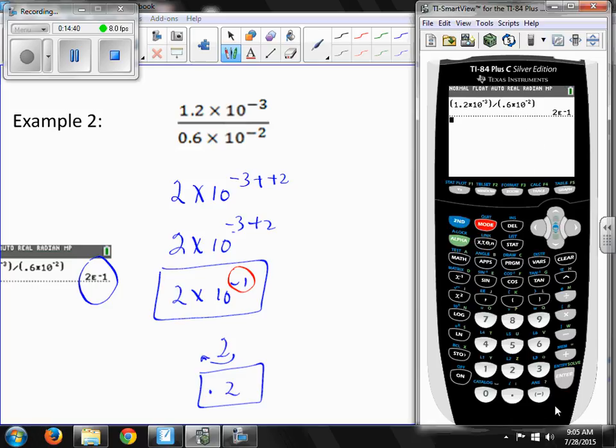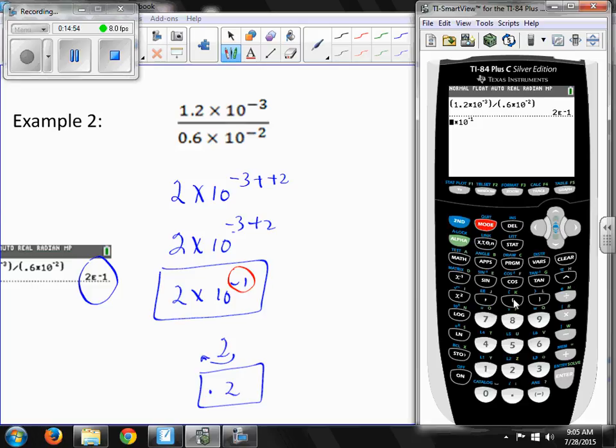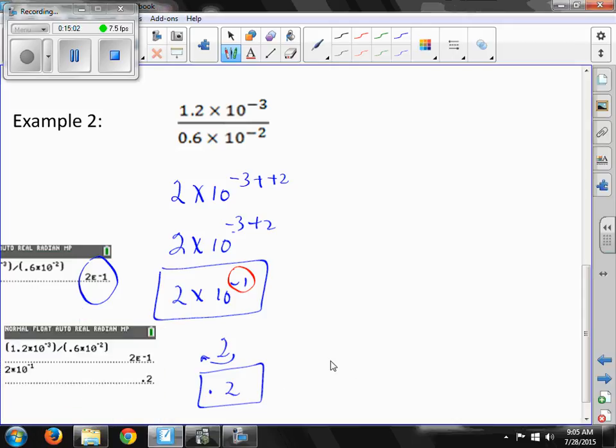And so I have 2 times 10 raised to the negative 1. Let me check the mode again, make sure it's in normal. It is in normal. Second quit. And when I hit enter, you see it will give me 0.2. So you'll have to decide whether it's worth the trouble to use the calculator.